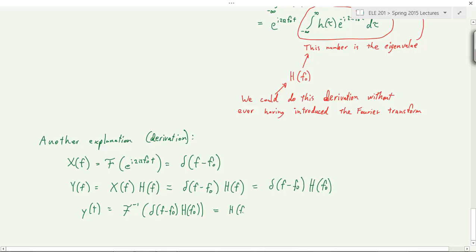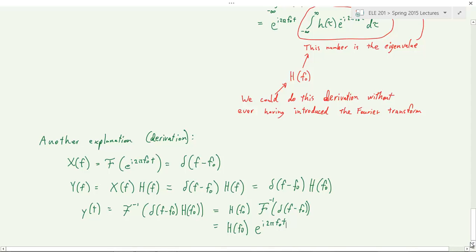H of f naught, the inverse Fourier transform of the delta function. And of course, we get back to our signal, H of f naught times e to the i 2 pi f naught t. So this is just another way to think about why these are the eigensignals, because they're delta functions in frequency.